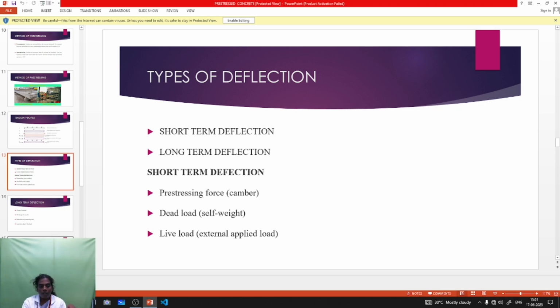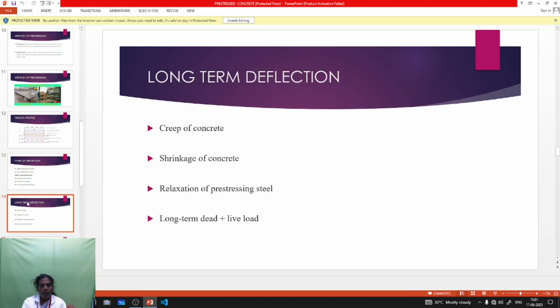Next one, long term deflection. What does long term deflection mean? Long term deflection is when, after some time has occurred, the cracks or deflection will be formed. Compared to RCC, only a small amount of deflection occurs in prestressed concrete. So prestressed concrete is preferred nowadays for bridges and long span structures.